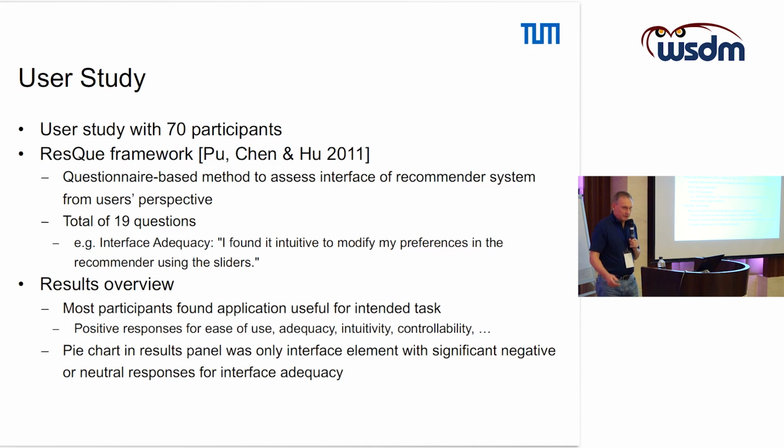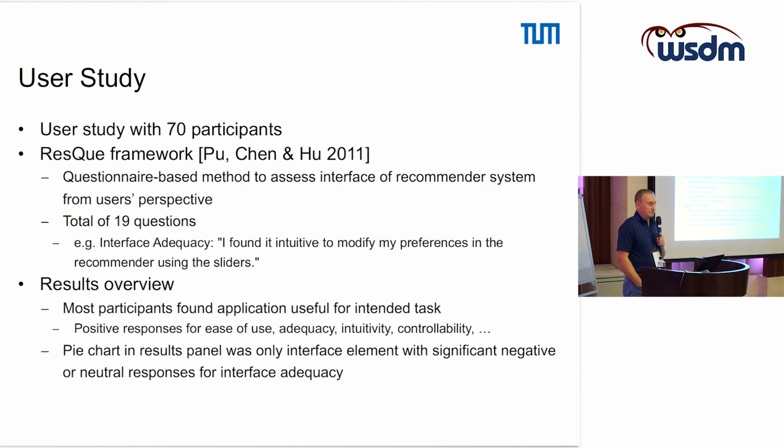Okay, just a brief overview for the sake of time. Most participants found our application useful for the intended task to find a destination for travel. So we had overall positive responses for ease of use, adequacy, for example for the question that I put here as an example, intuitiveness, and controllability. So overall, this was a success.